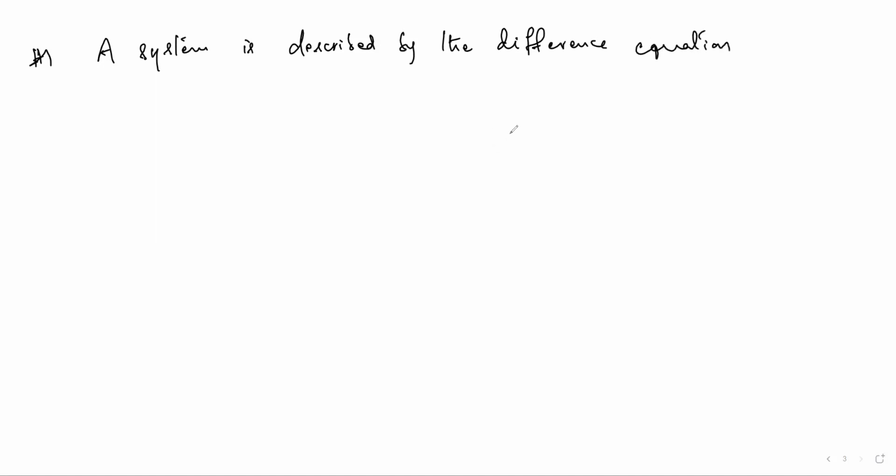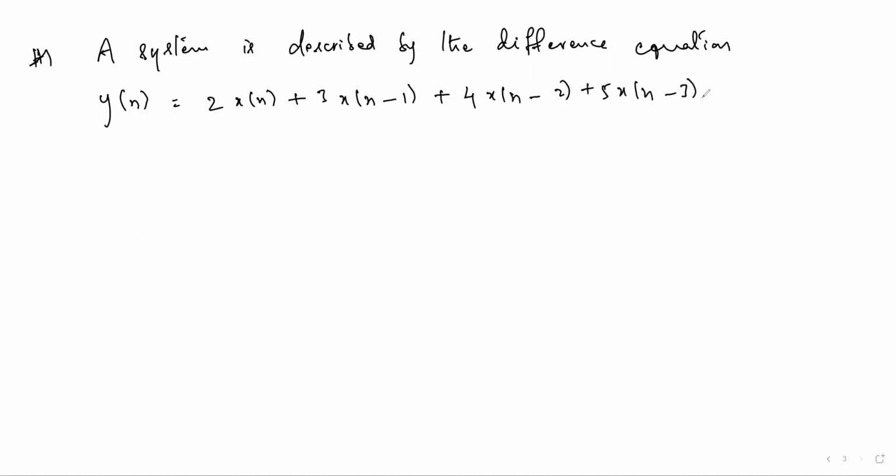A system is described by the difference equation y of n equal to 2x of n plus 3x of n minus 1 plus 4x of n minus 2 plus 5x of n minus 3 plus 6x of n minus 4.